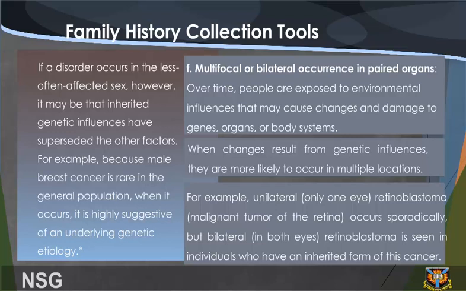For example, unilateral (only one eye) retinoblastoma, a malignant tumor of the retina, occurs sporadically, but bilateral (both eyes) retinoblastoma is seen in individuals who have an inherited form of this cancer.